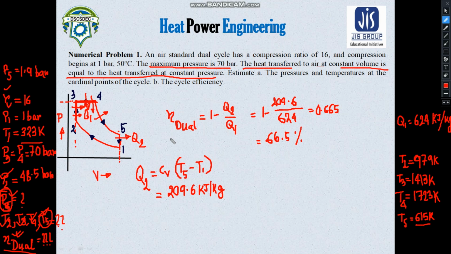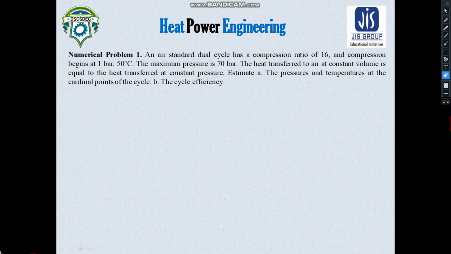And the second aspect is when the cycles have the same maximum temperature and pressure. Then which cycle will give you the maximum efficiency and which one will give you the minimum?